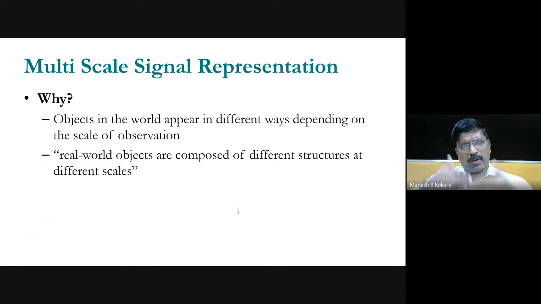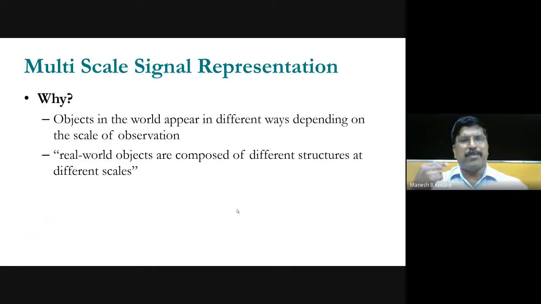Now you have these three pictures: the first taken from far away, the second with the distance reduced, and the third very close. These three pictures are of the same person. What is the difference between them? The information you get in the first picture is different from the second, and the information in the third is different from the second. In the third picture you get all the close details.